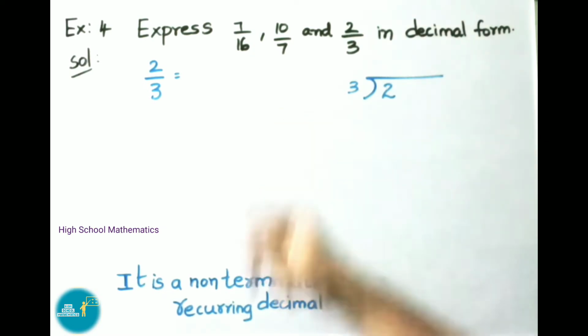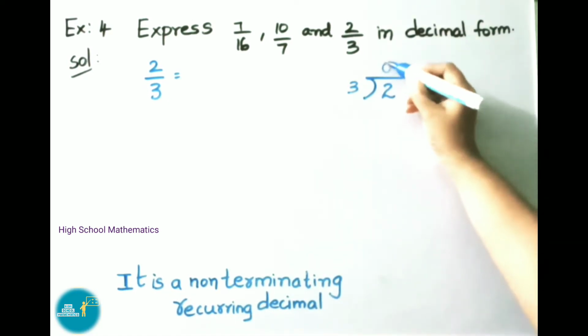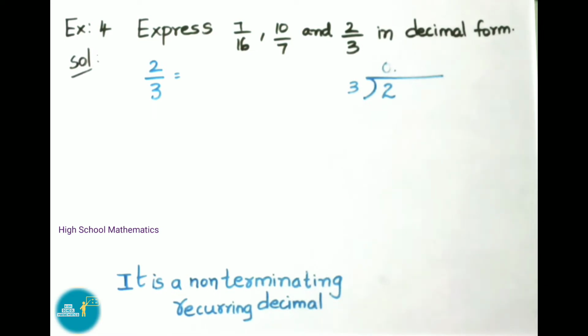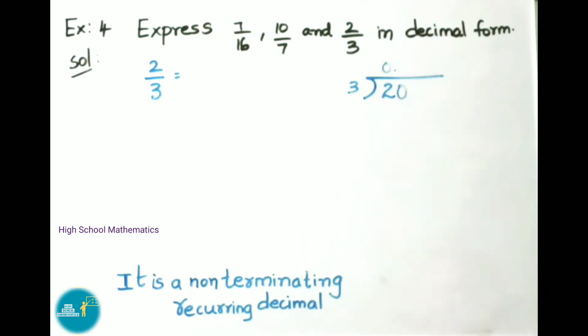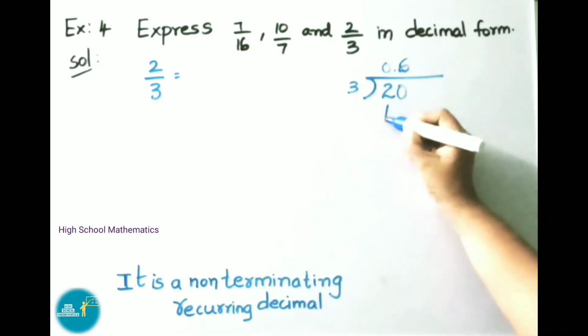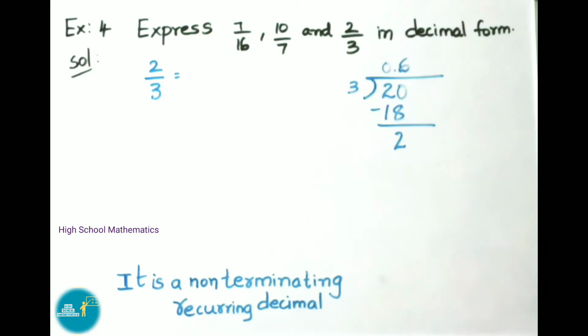See the third sum now, 2 by 3. That means we have to divide 2 by 3. 2 is less than 3, so we have to write a 0 point in the quotient and add a 0 here. Now the number is 20. 3 sixes are 18. 20 minus 18, we will get a remainder 2.